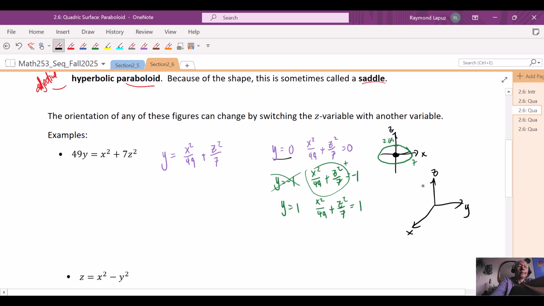We have a dot, and then when y is equal to +1, parallel to the xz plane, we're going to get an ellipse. So we can imagine this, and then we'll get more and more ellipses that are going to get larger and larger. So we can imagine this is your paraboloid opening towards the positive y-axis.